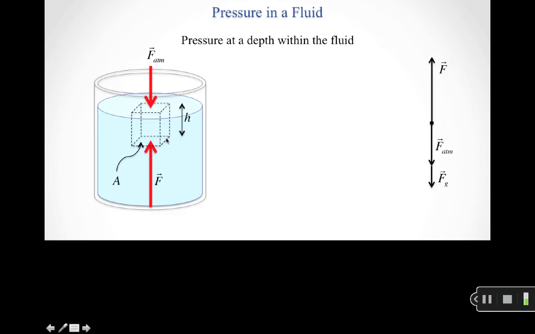So in the same way that our air particles are bouncing off the top surface, we're going to have particles of our fluid that are bouncing off the bottom surface, generating this force that points up.